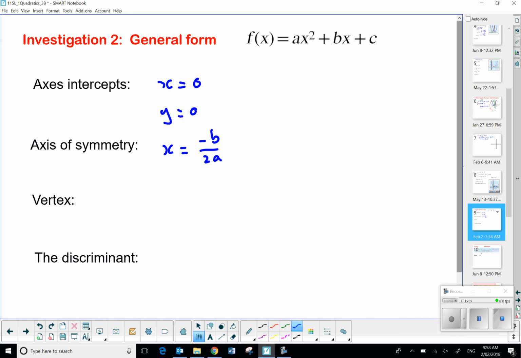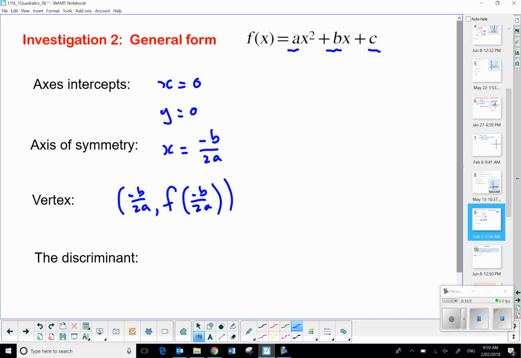Does that ring a bell to find that axis of symmetry when you've got that general form with a, b, c, the ax squared plus bx plus c? To get your vertex, that's going to be the point minus b over 2a, and then substitute that x value back into the function to get your y value. So hopefully that might ring a bell.